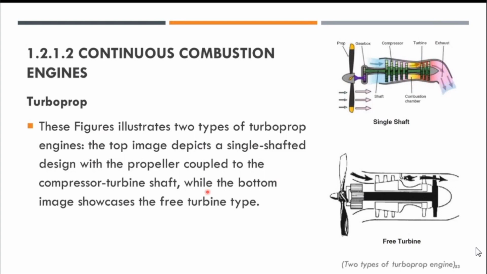Compared to that, this particular figure shows the free turbine, where you can see that the propeller is connected directly to the free turbine, and the turbine is not connected to the compressor. That is why it is called the free turbine. It is connected directly to the propeller.